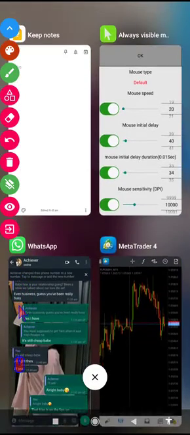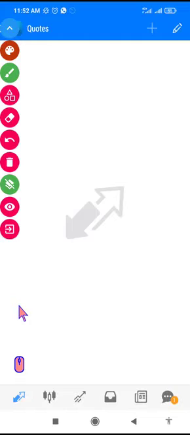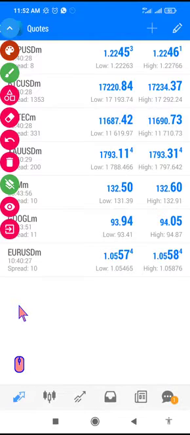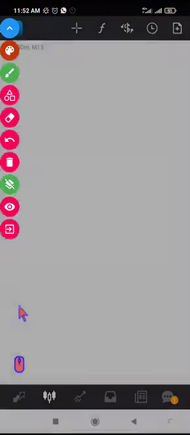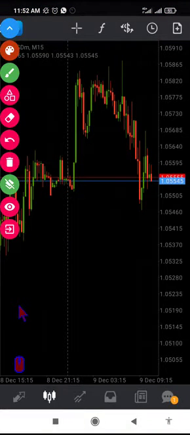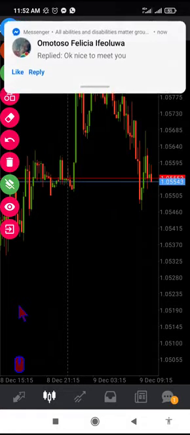Let's see our chart with our two naked eyes. I'll be using EUR/USD for example. Open chart. This is EUR/USD, but permit me to use landscape mode.